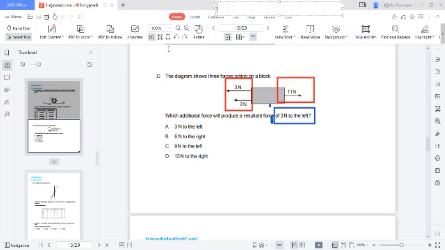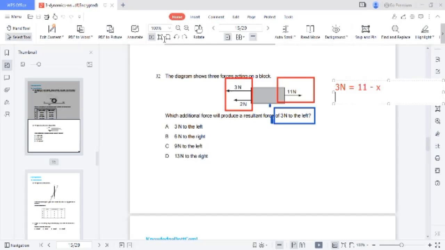So we know the resultant answer is 3 newtons, and on the right side we have 11 newtons, and we don't know how much amount of force should be added on the left side. So I'm gonna put x.